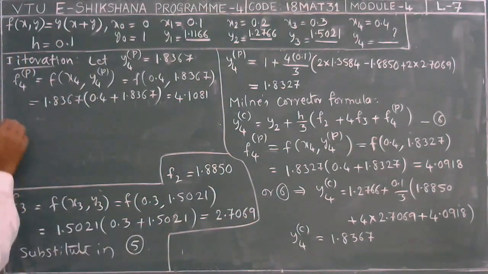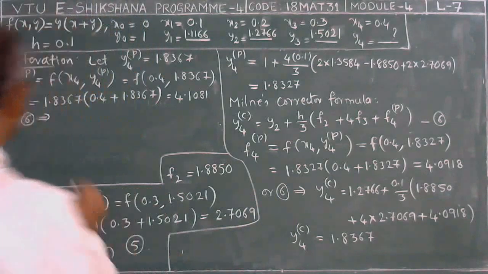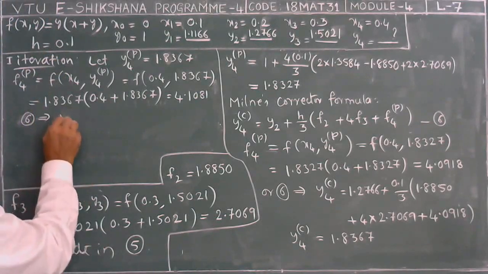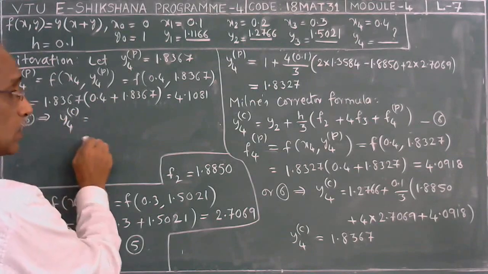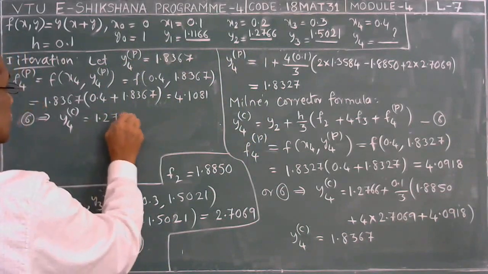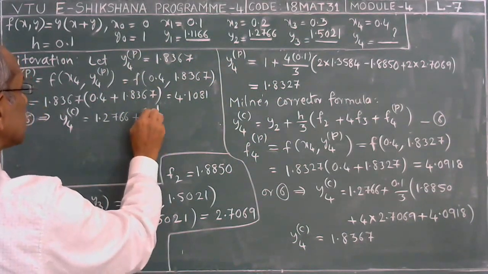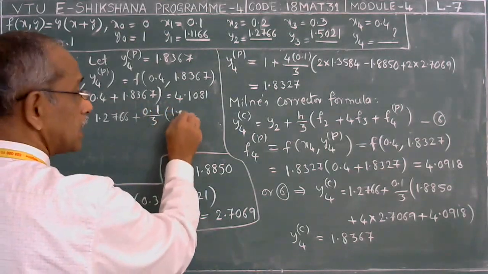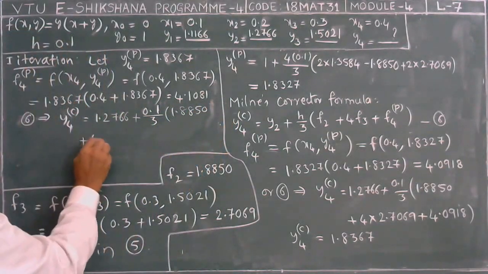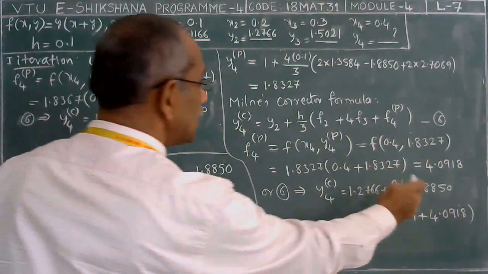Now again use it in equation 6. So y4c is equal to everything the same except the last value: 1.2766 plus 0.1 divided by 3 into (1.8850 plus 4 into 2.7069 plus f4p).